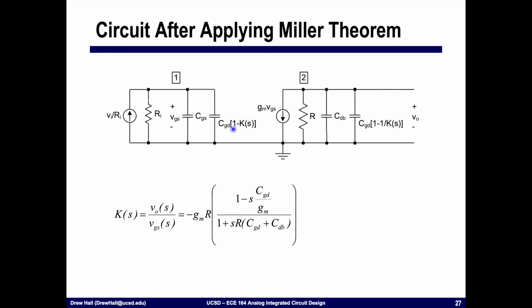If I wanted to really apply Miller's theorem, I would take CGD, reflect it to the input, and multiply it by 1 minus K of S, where K is now frequency dependent. I would do the same thing at the output, where I reflect CGD to a grounded impedance at the output of magnitude 1 minus 1 over K of S. And K of S is this entire expression.